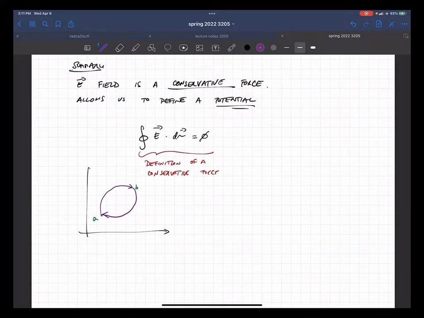Because the charge is not a vector, if we show that this integral ends up being 0, we've also shown that q times the integral is also equal to 0, and this is the force.